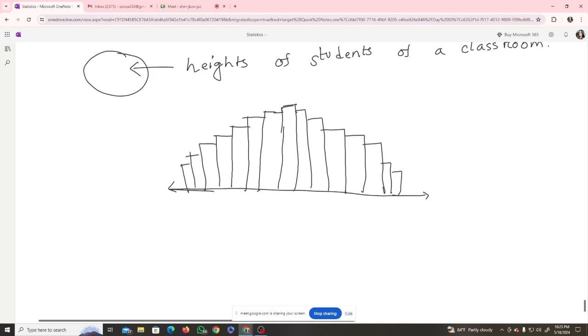So these things are called bins. Let's say in this bin we have students with height from 6 feet 5 inches to 7 feet, and in these bins we have lesser heights, and in these bins we have heights that are more than 7 feet.